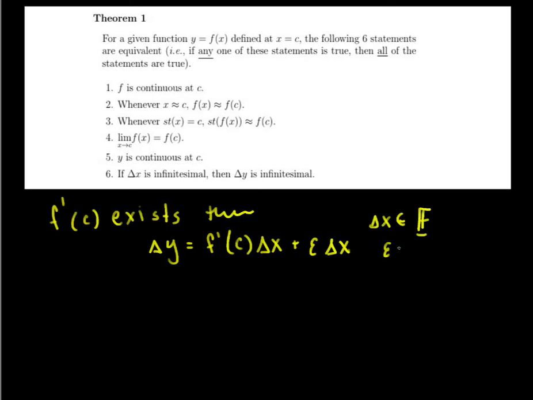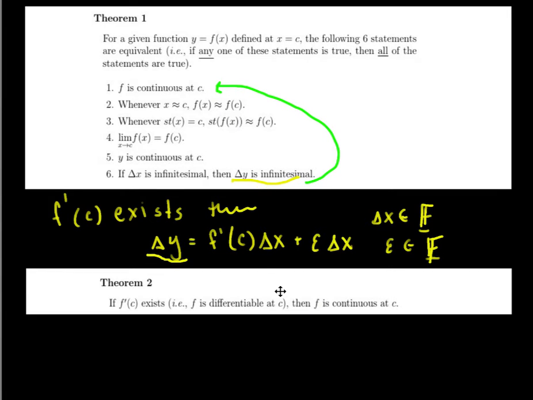This is the increment theorem. So notice what we have. If delta x is an infinitesimal, delta y is an infinitesimal, and from theorem 1, if delta x is an infinitesimal then delta y is an infinitesimal, and if that is true, then this right off the bat tells us that f is continuous at c, which gives us a second theorem.